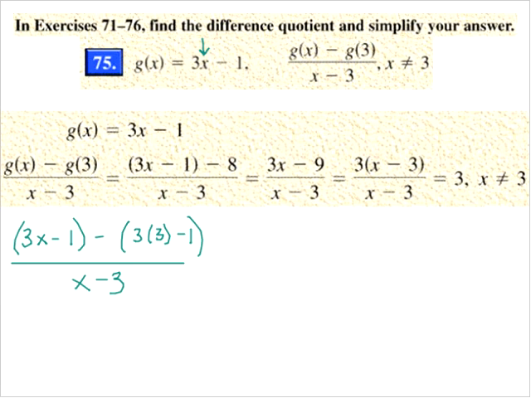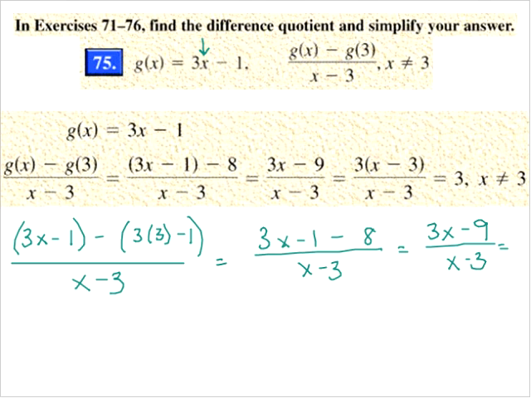Okay, let's simplify the numerator. It's just going to say 3x minus 1 minus 3 times 3, which is 9. 9 minus 1 is 8, so I have a minus 8 there. So 3x, negative 1 minus 8 is a negative 9, all over x minus 3.